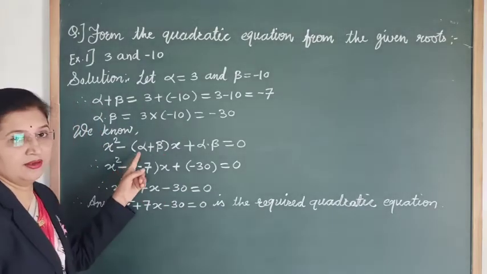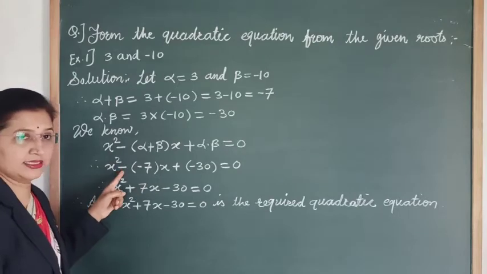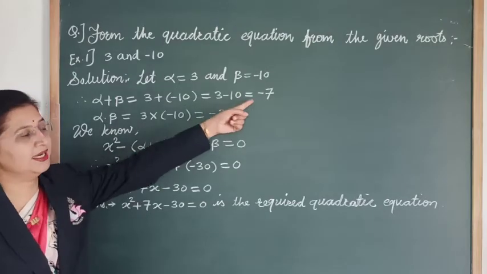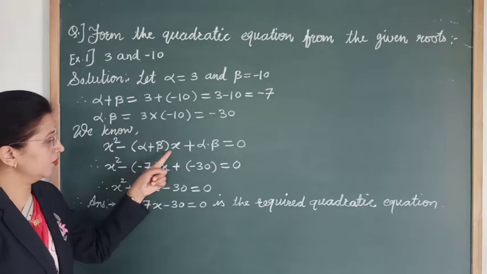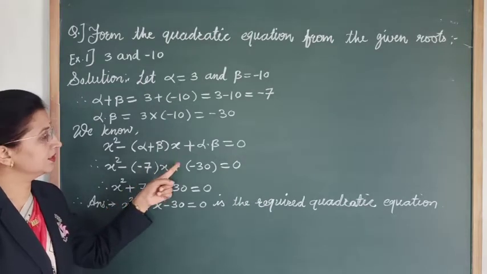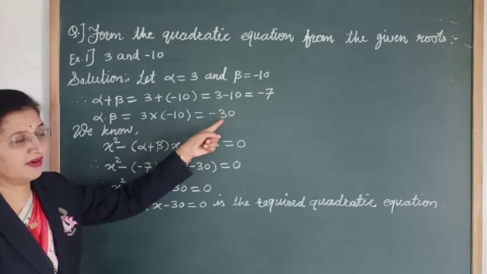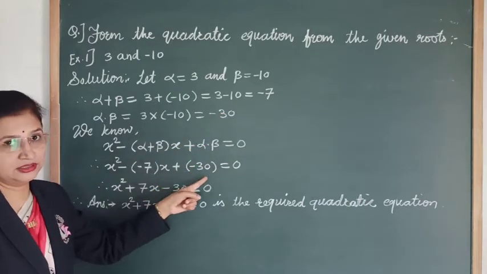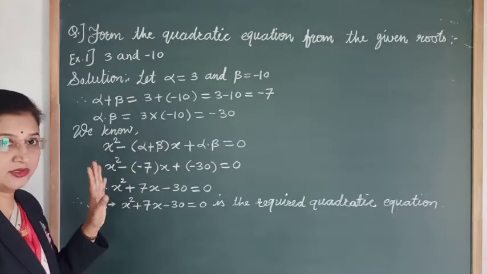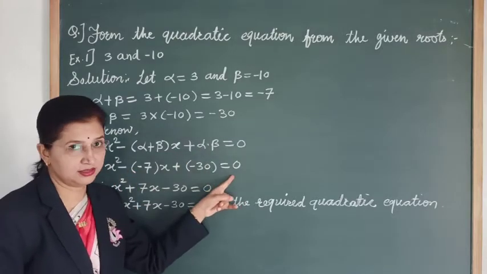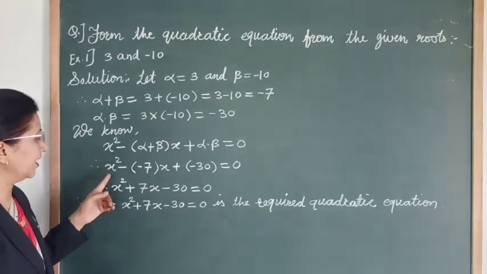So now let's put the values. x square minus, what is the value of alpha plus beta? That is negative 7, so write it in the bracket, into this x plus alpha into beta. What is the value of alpha into beta? That is also negative 30. Okay, is equal to 0. Now dear students, here don't forget to write the 0. Now here x square.